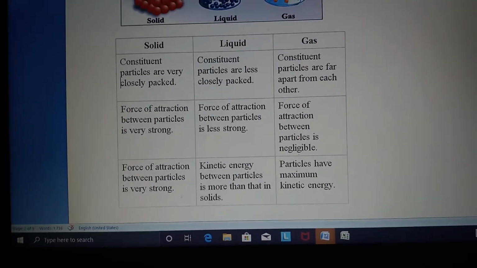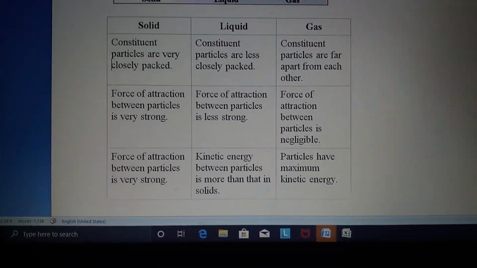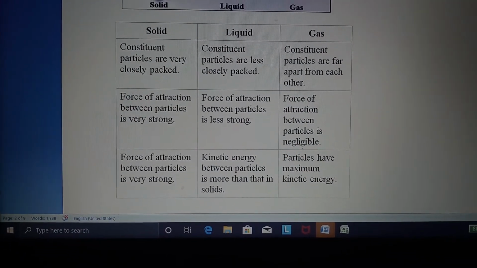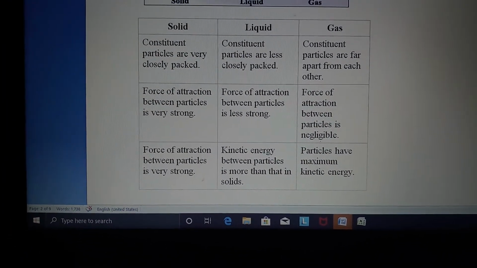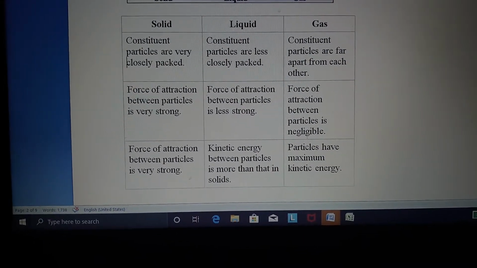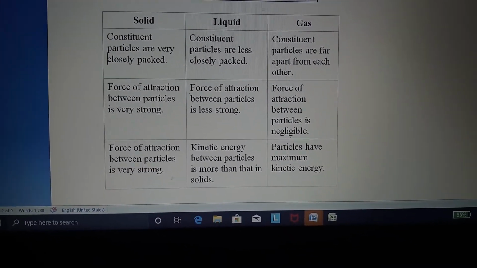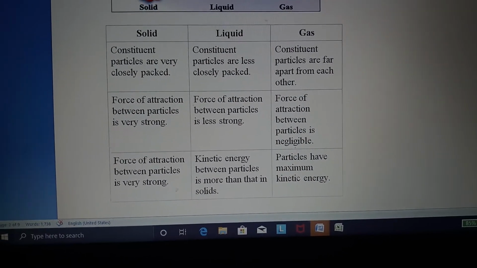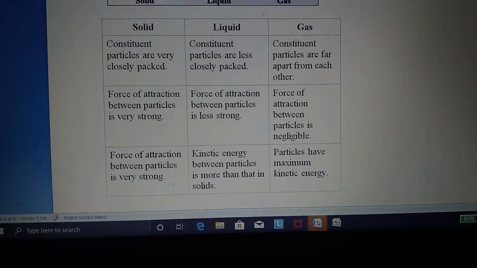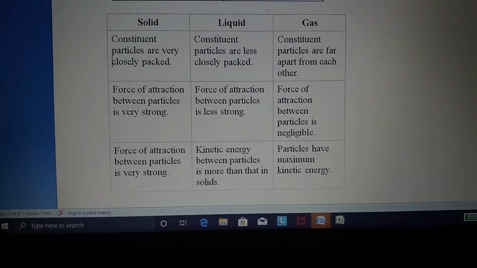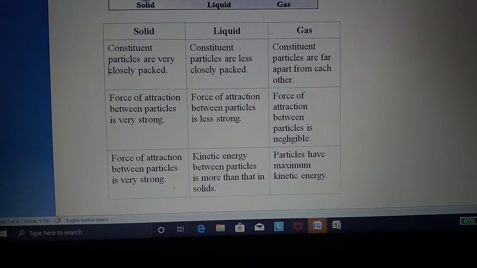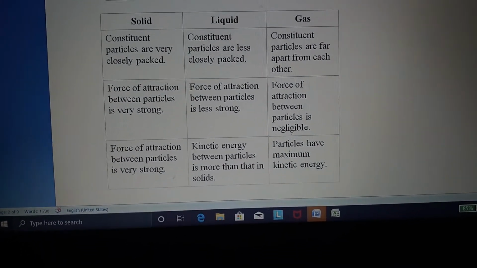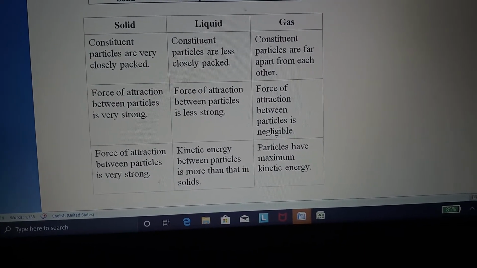You can take a screenshot of it if necessary. In solids, they are very strong, they cannot leave the surface. In liquids, the forces of attraction are less strong than in solids. While in gases, the forces of attraction are quite negligible, and that is the reason why they can escape from the surface very easily.